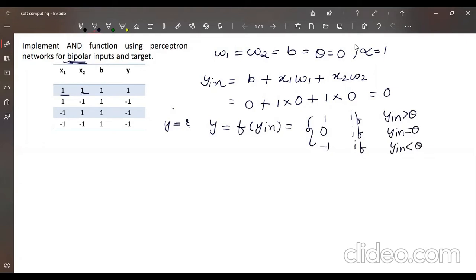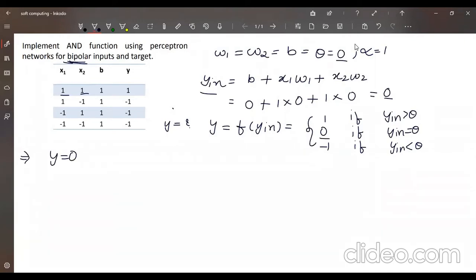Here our threshold value is 0. We have got Yin equal to 0, which means our threshold value is equal to the Yin value. So our Y value will be 0, which implies Y is equal to 0.